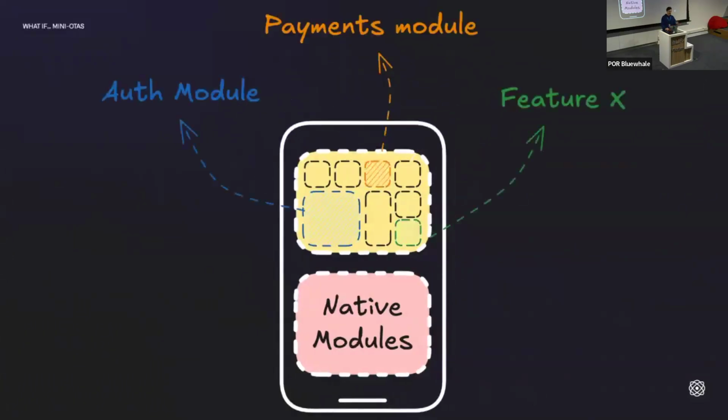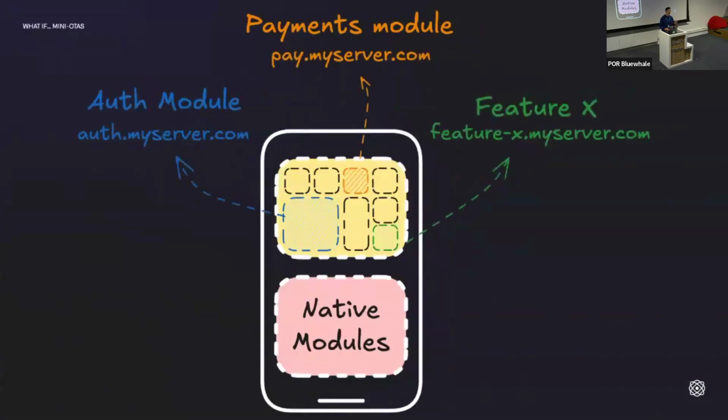So for example, maybe I have one big module that is my authentication module. I have another one that is the payments module and X other amounts of features. These chunks are loaded remotely if you use module federation.